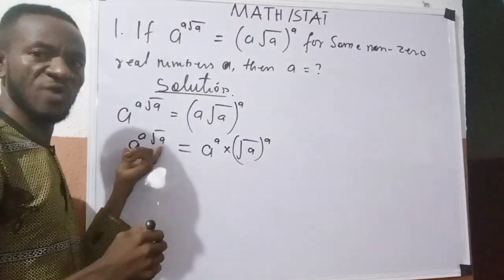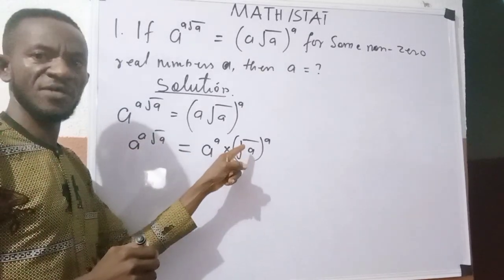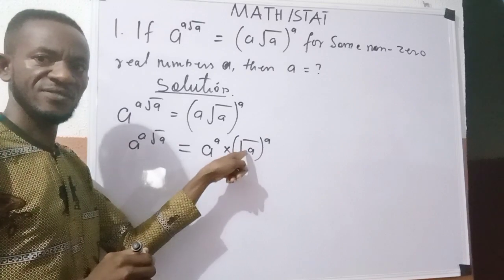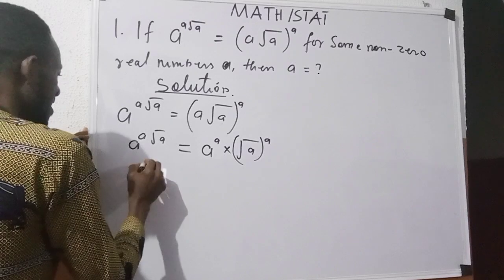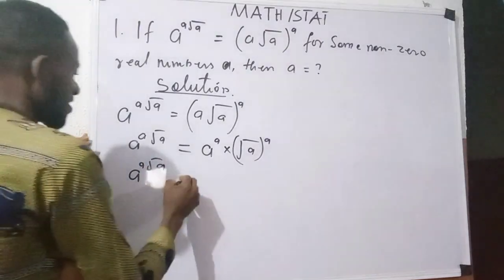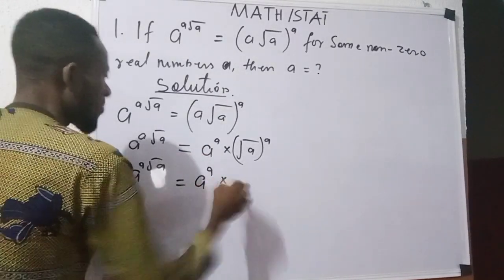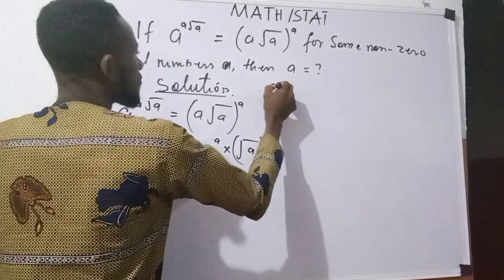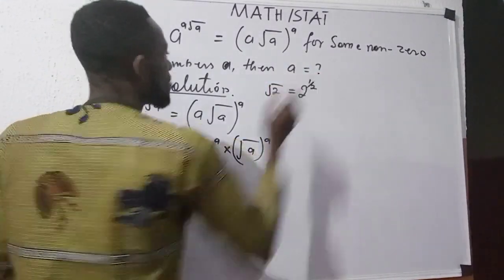I still want to keep this one the way it is and come here to expand this the more by removing this square root sign inside this bracket. By doing so, what I have here becomes a raised to power a root a equals a raised to power a multiplied by... Anytime somebody writes square root of 2, it is the same thing as 2 raised to power 1 over 2 in indices.